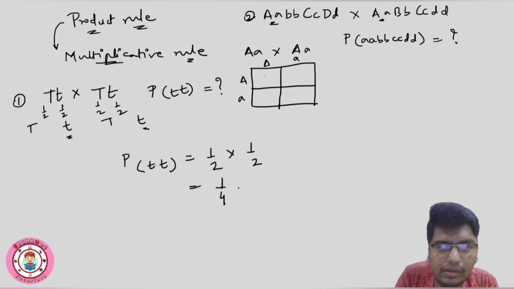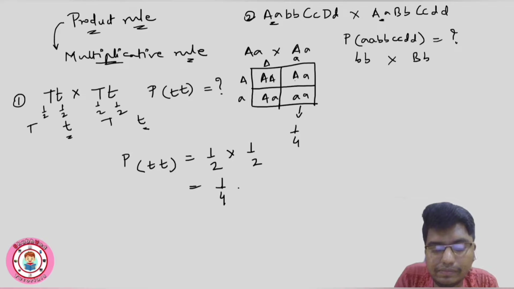Here we get small a small a, so this is 1 upon 4, right? Now the next cross, Bb into Bb. In this it will be half, 1 upon 2, right? See, Punnett square.